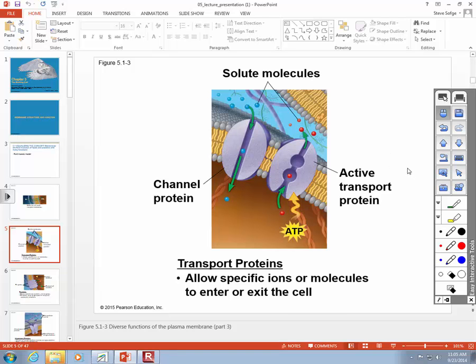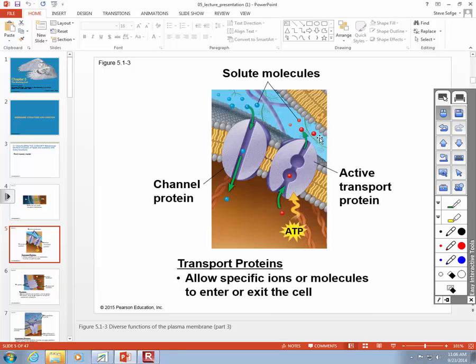Now, in an active transport, you're moving something from where you don't have much of it, which in this case is this red sphere inside the cell, and we're moving it to where we already have more of it, which is outside the cell. We're going against the gradient. We're going from low concentration to high concentration.